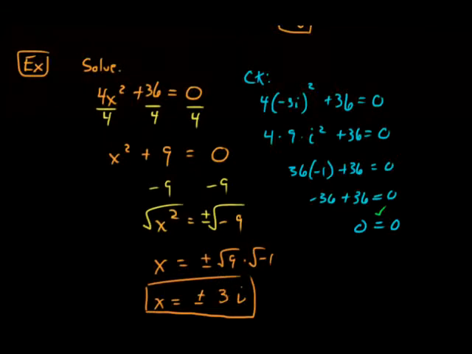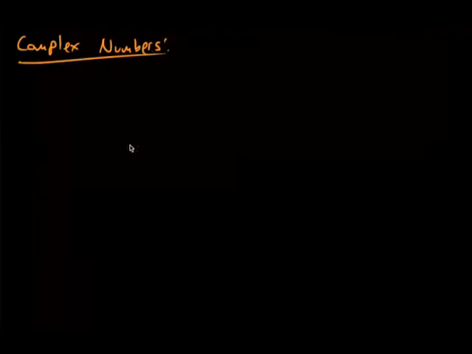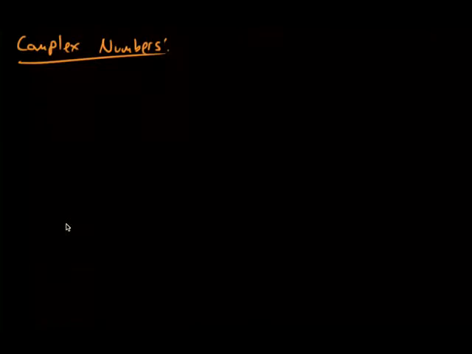So, let's talk about something else. We've been dealing with purely imaginary numbers so far, numbers that have just an i. Let's talk about complex numbers for a minute. Complex numbers are actually going to be a type of hybrid.